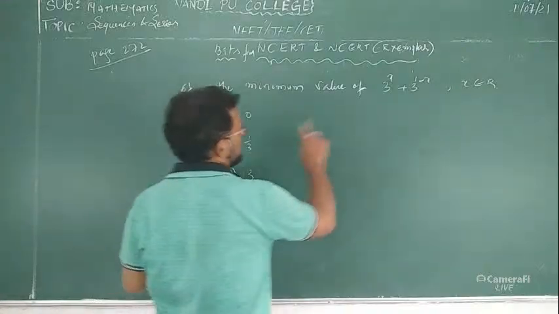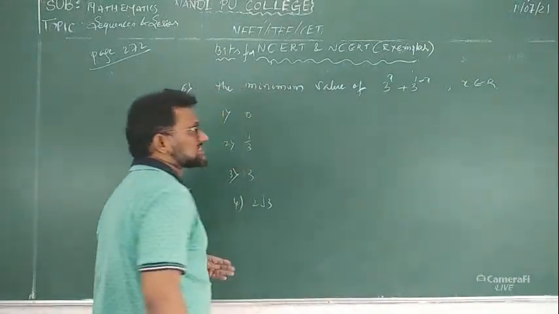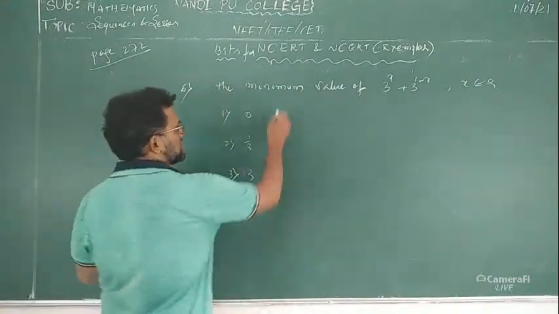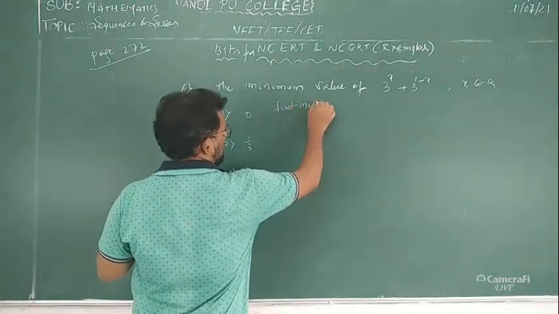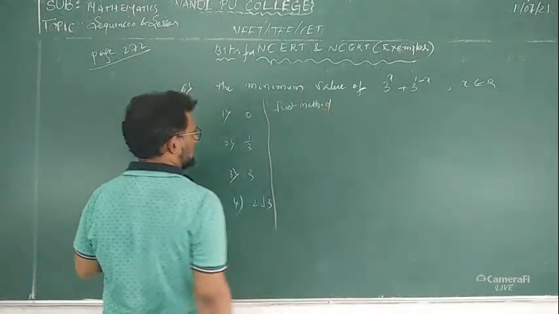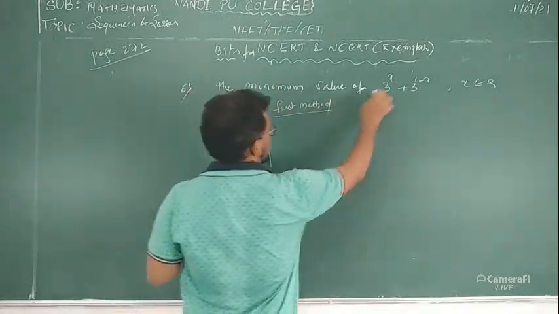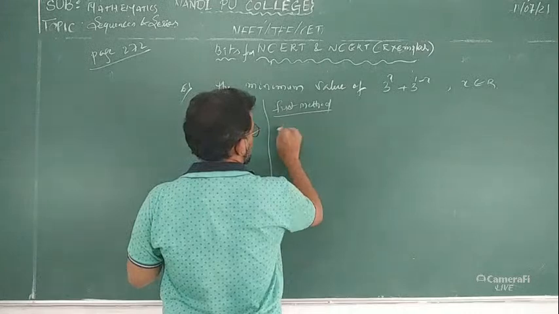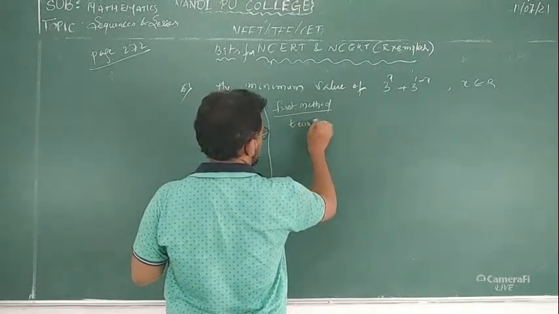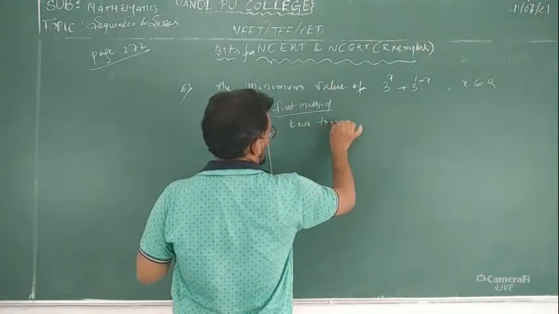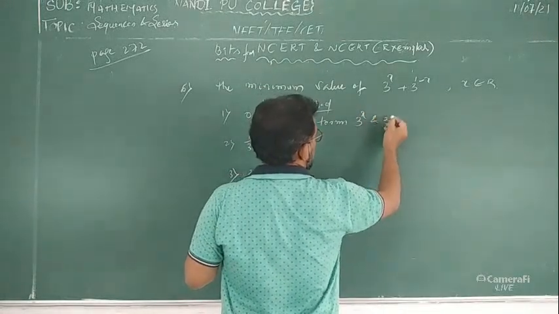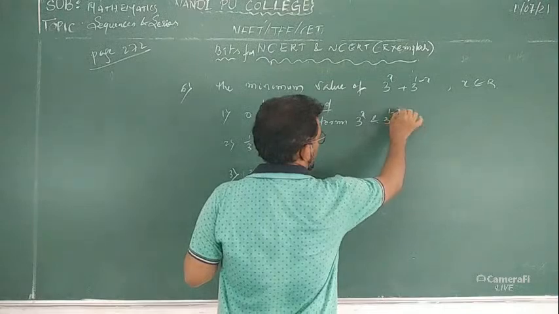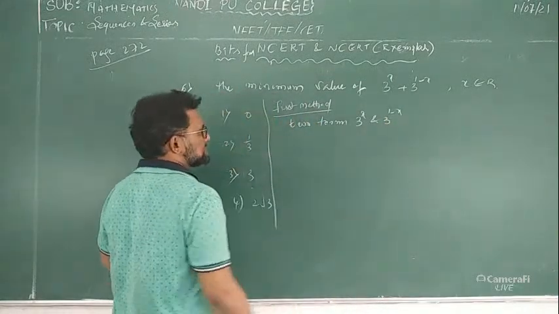See the minimum value. Here two methods we can go. First method: here I am taking two terms, 3 power x and 3 power 1 minus x.